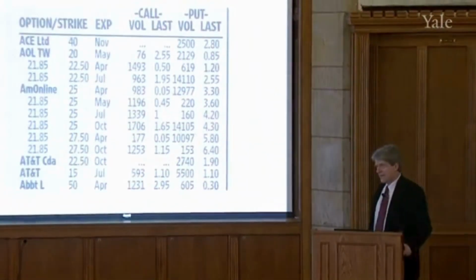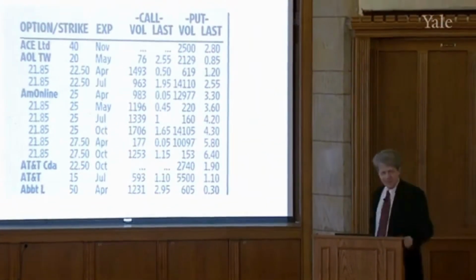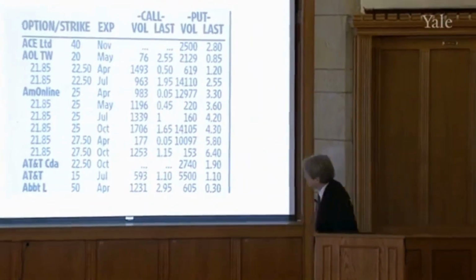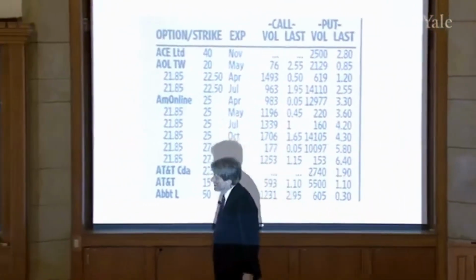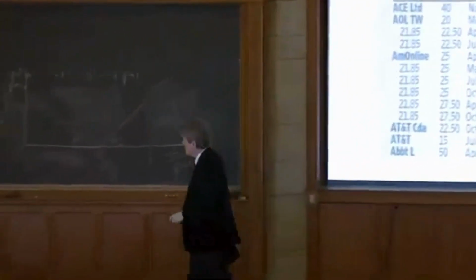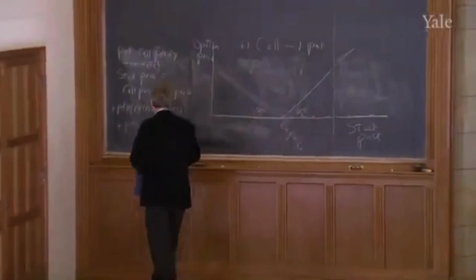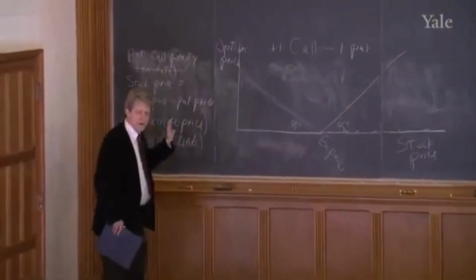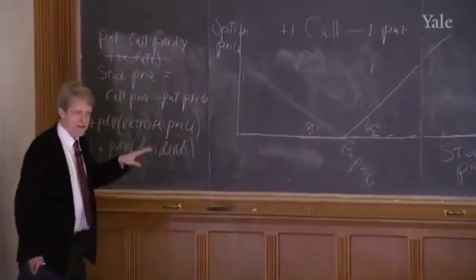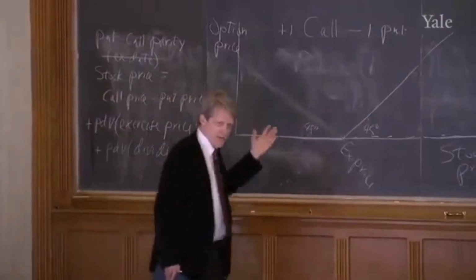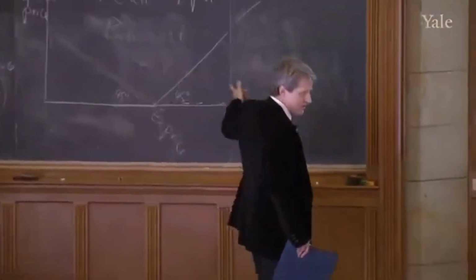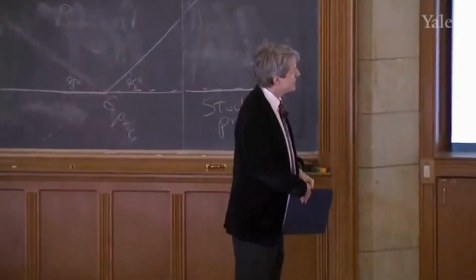But they do put them in just because people like to see them, and some people might be trying to profit from the put-call parity arbitrage. But for our purposes, we only have to do call pricing. Once we've got call pricing, we've got put prices, because I just use the put-call parity relation and I get put prices.